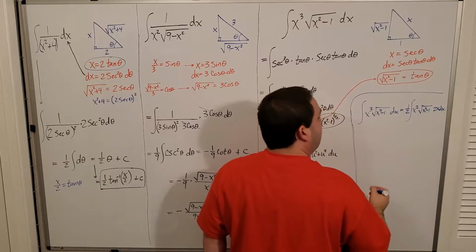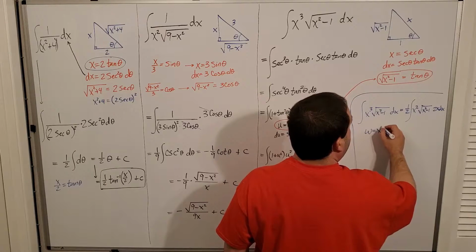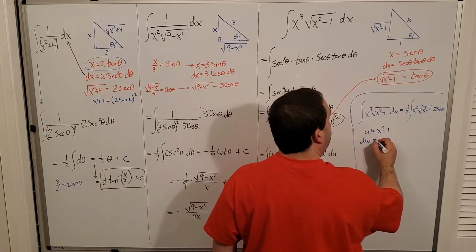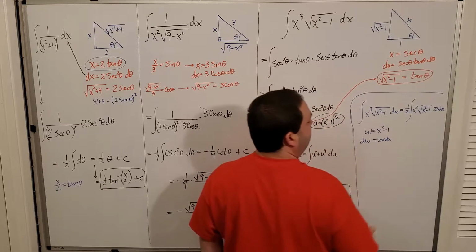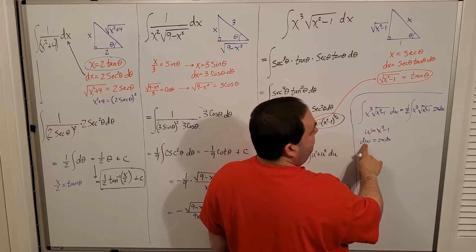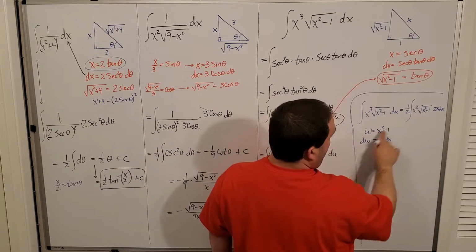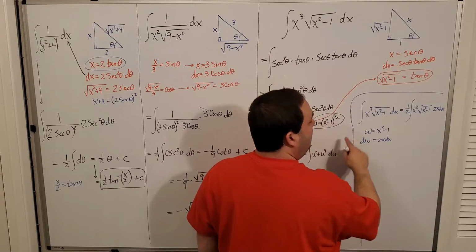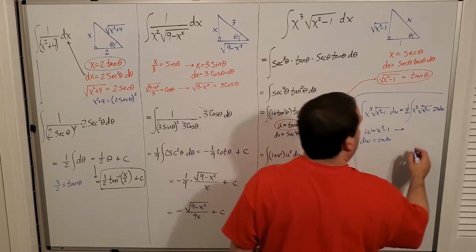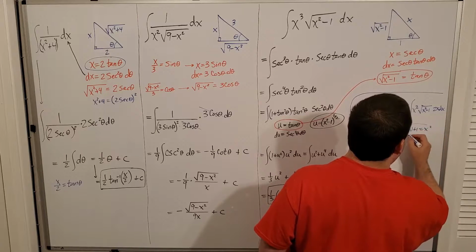And the reason for that is, if I let a substitution like w equal x squared minus 1, then dw is 2x dx, right? So the 2x dx here that I have is going to be my dw, and then the square root of x squared minus 1 will become the square root of w. And also, since w is equal to x squared minus 1, then that means that w plus 1 is also equal to x squared.